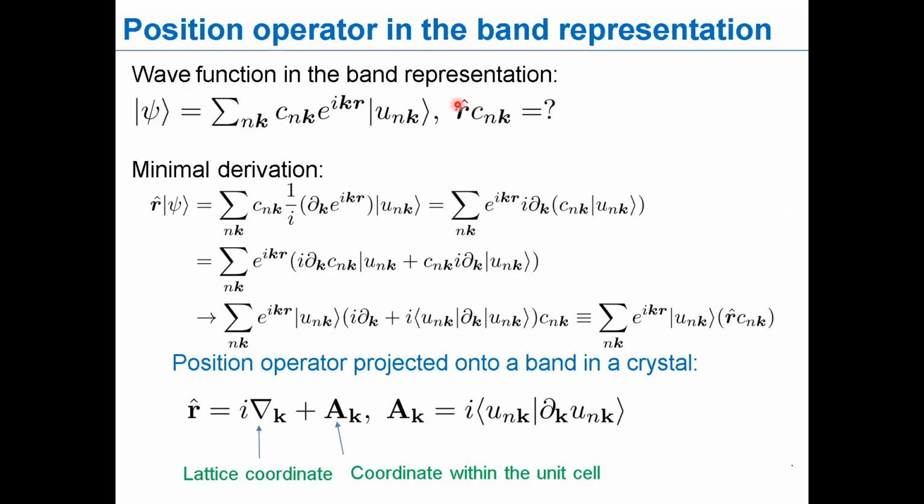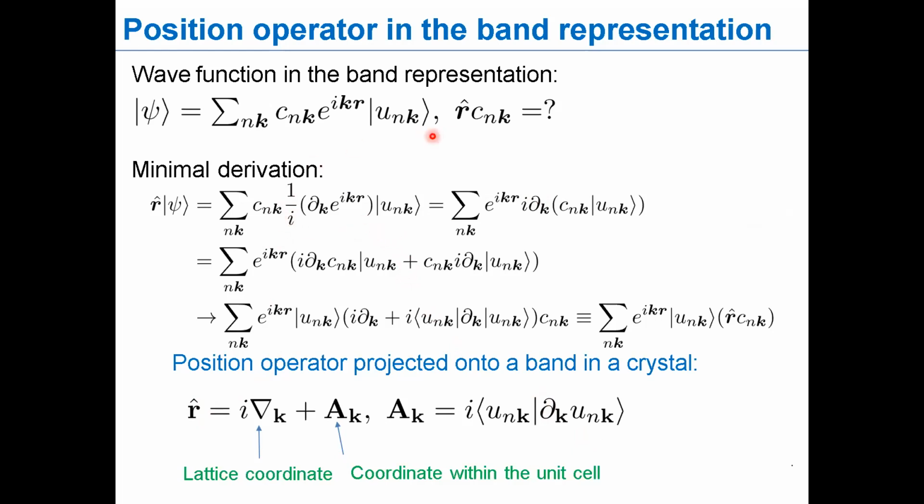So we need to know how the coordinate operator acts on these wave functions, and I put here the minimal derivation of this formula below. If you have never seen this, it is very simple.